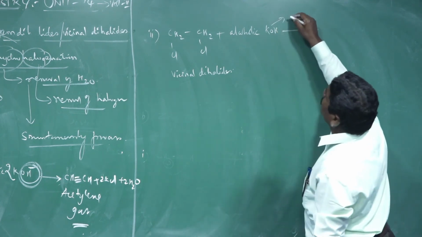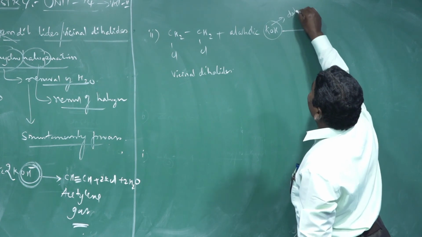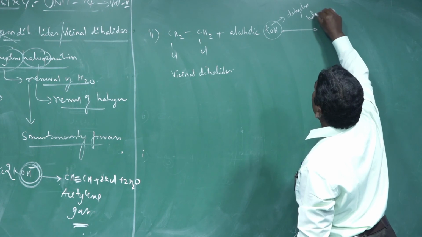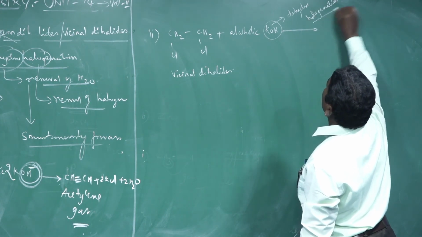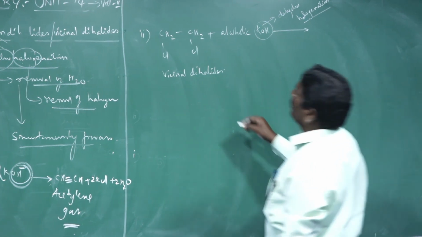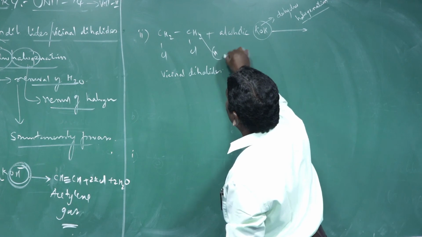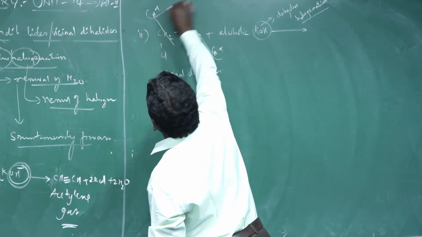This reagent acts for dehydrohalogenation. Now what is the product formed? You know that a hydrogen is going to be removed as H plus. This hydrogen also is removed as H plus.